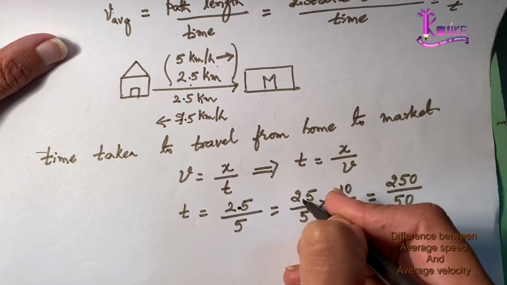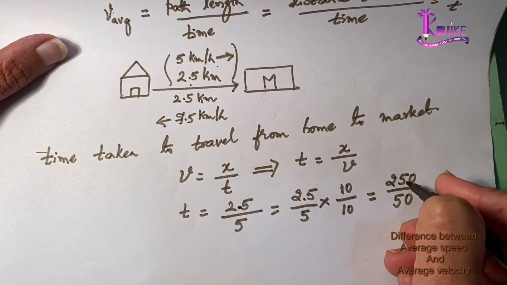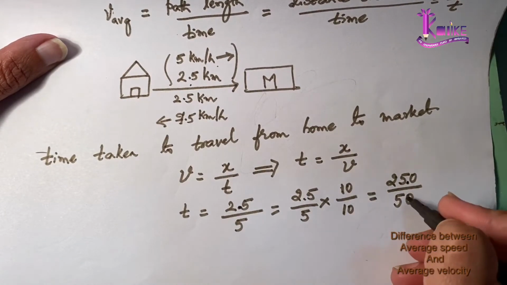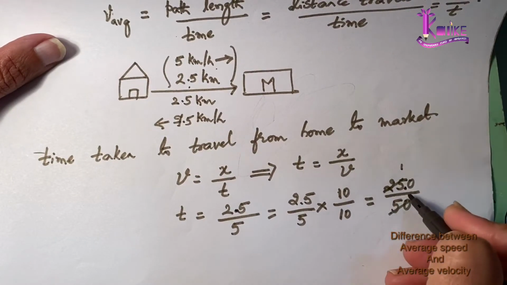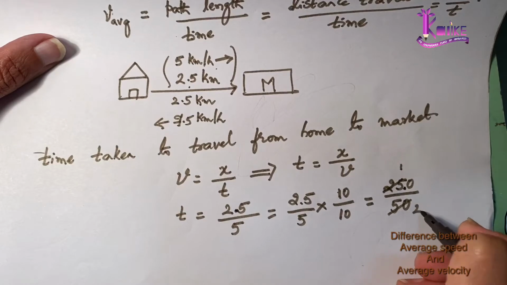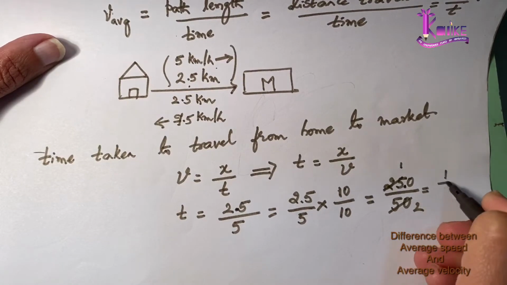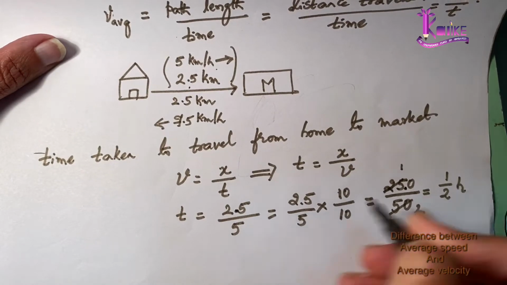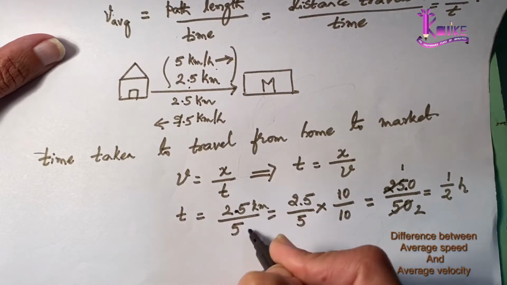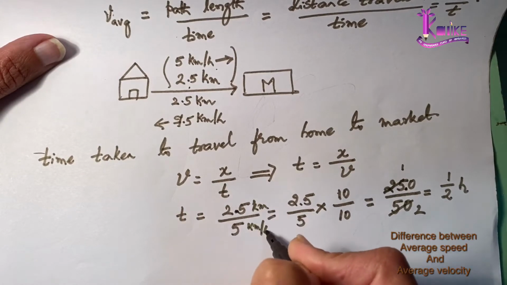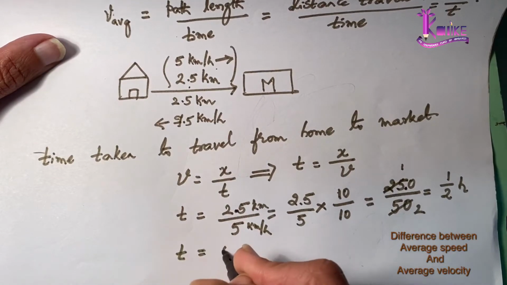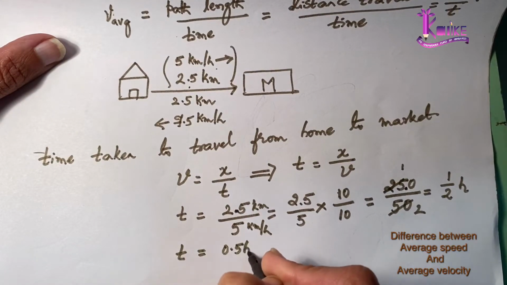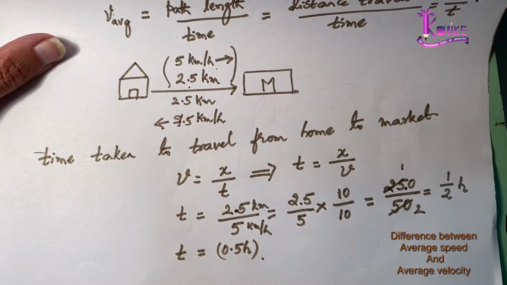Since you had a decimal, you keep the decimal point after one digit, so that will be 25 by 50. So 25 one times and 25 two times. That is nothing but half an hour, because this is in kilometer and this is in kilometer per hour. So in other words, t is equal to 0.5 hour.